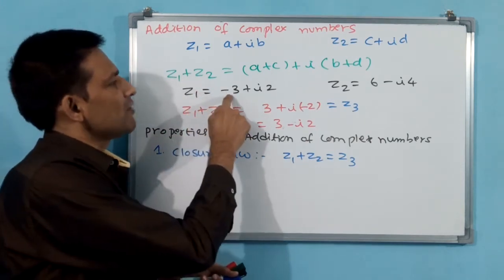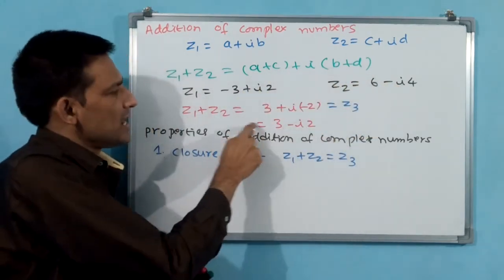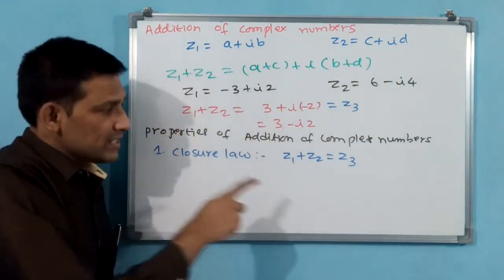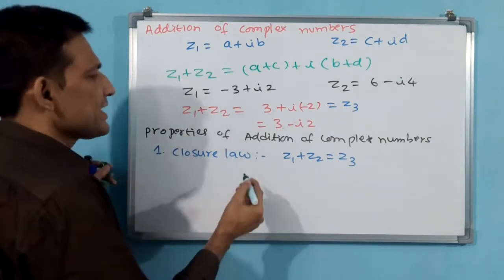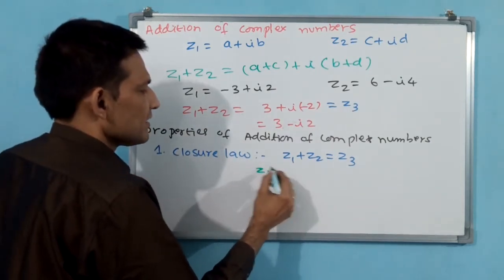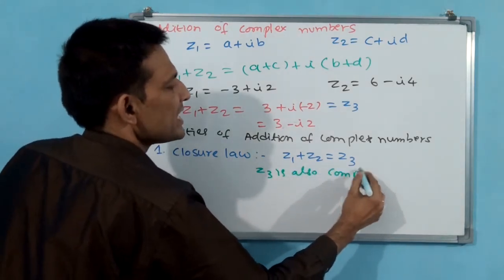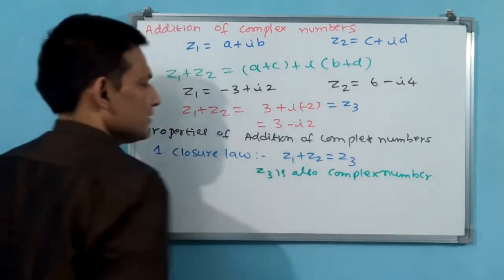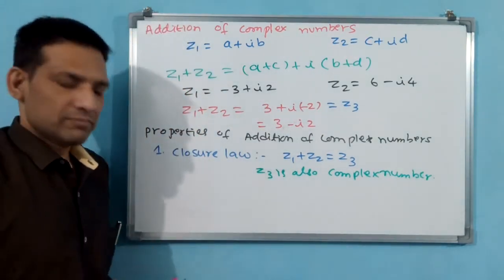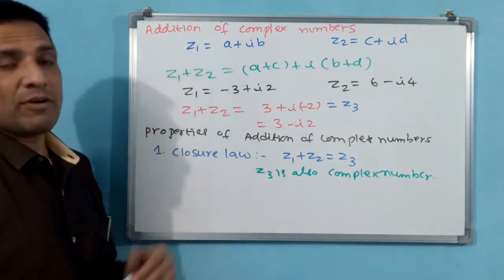Why? Because Z1 is a complex number, Z2 is a complex number. After adding both, another number is going to come. That is also a complex number. That is the closure law. You write Z3 is also a complex number. This is called closure law for addition of complex numbers.